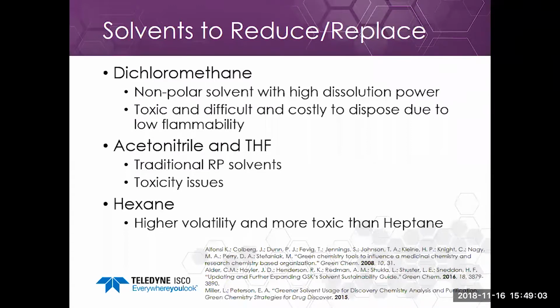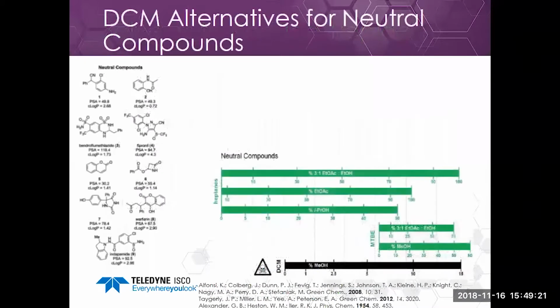The reason is the toxicity and the low vapor pressure of hexane. Being in that environment is not as good for the chemist as using heptane, because heptane has a higher boiling point, so the fumes aren't as much of an issue.